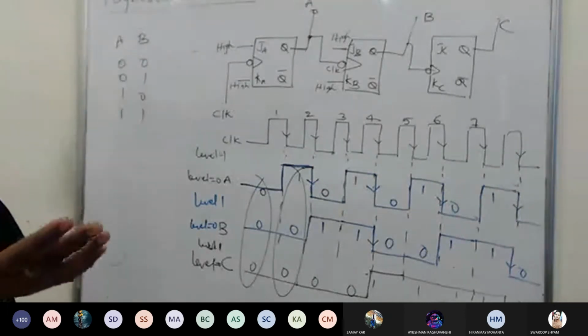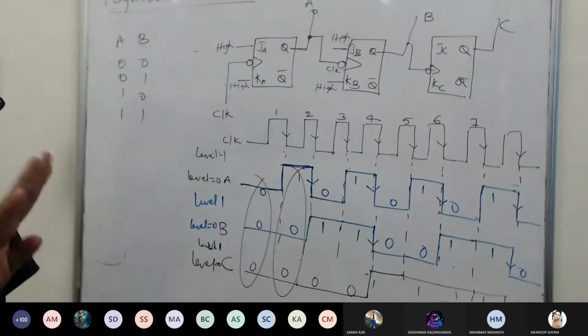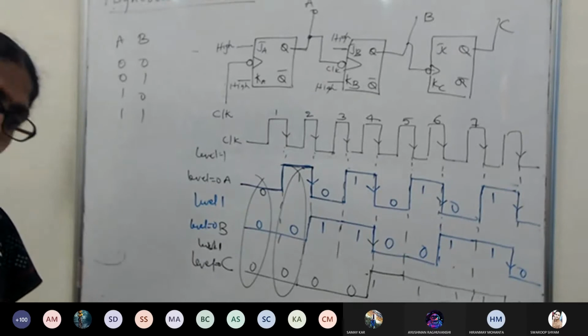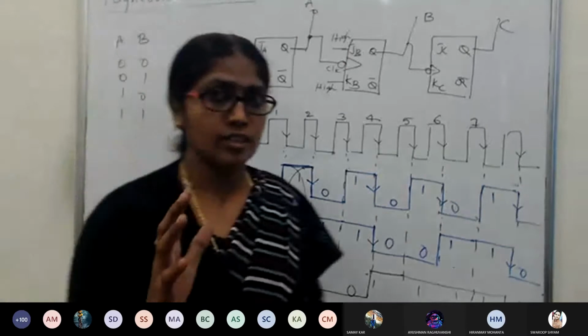Like if you take an example of a decade counter. Decade counter means you have to count 10 states and again start. But unfortunately, when you take a decade counter which is having 4 bits, it counts from 0 to 15. But I don't want that. I have to stop at 10 itself. Is there any way? Think carefully. I'm giving you a logical question.